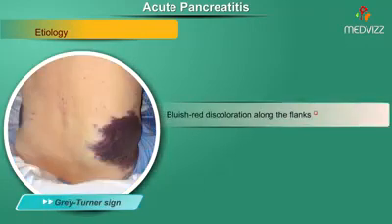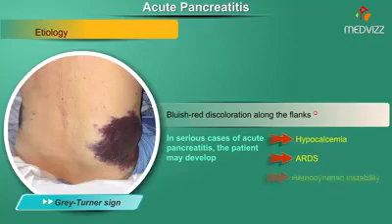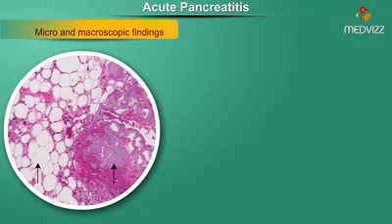There's another sign called Grey Turner sign, which is bluish red discoloration along the flanks. In serious cases of acute pancreatitis, the patient may develop hypocalcemia, ARDS, which is adult respiratory distress syndrome, and hemodynamic instability.